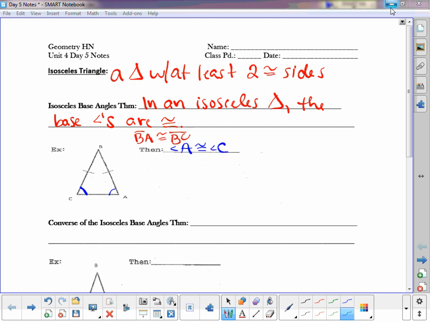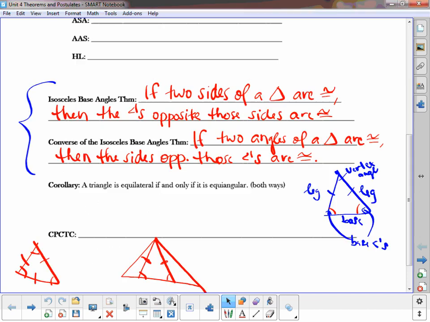Very good. Alright, now our converse of the isosceles base angles theorem. Again, let's take a look at the long version of it. Our long version says, if two angles of a triangle are congruent, then the sides opposite those angles are congruent. Okay, now again, we know that we're talking about isosceles triangle here.